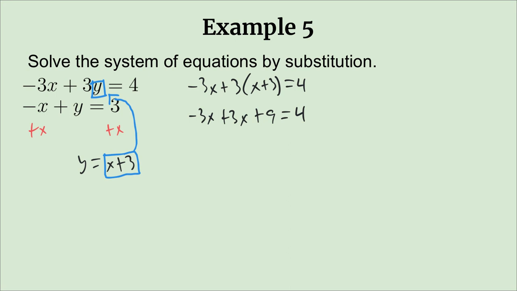We combine like terms here. So we would get 0, negative 3x plus 3x. Those are going to cancel each other out, so we're left with 9 equals 4. This is a false statement, so that means there are no solutions.